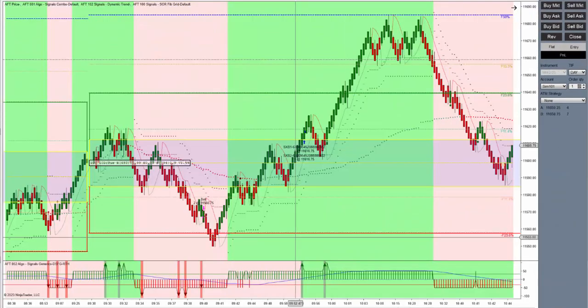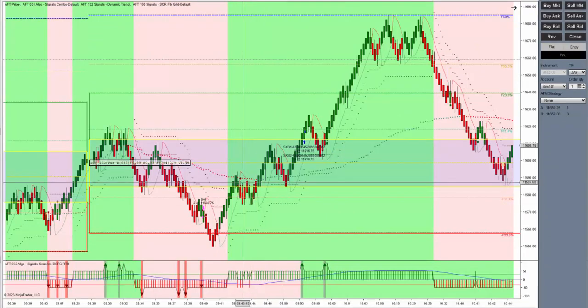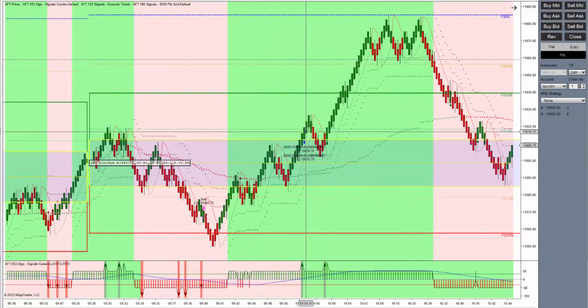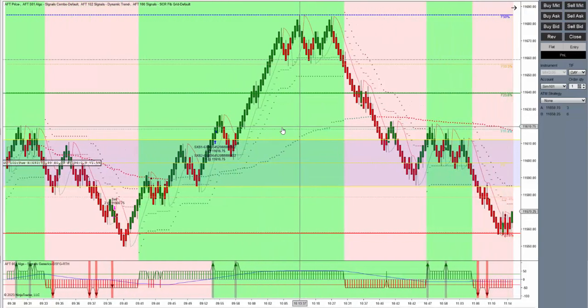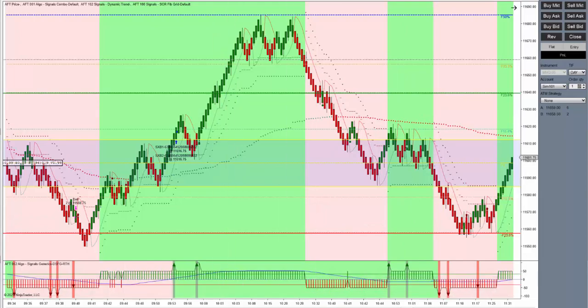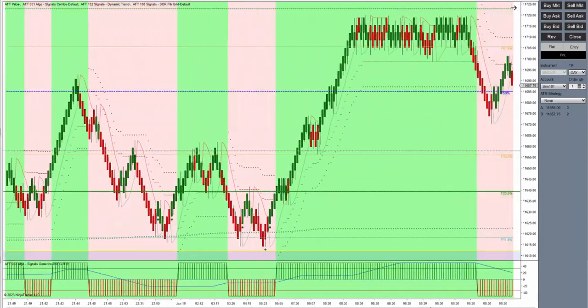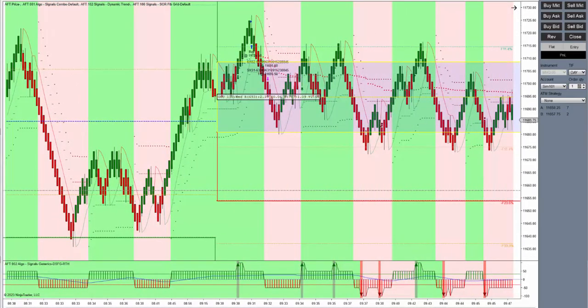Let's look at the MNQ, and this was Tuesday. This was a breakout to the upside here. Looks like I just got stopped on that one. That's what it looks like. And that was Tuesday. Let's see, I think there were some other trades here. Here was a buy on a breakout here that got stopped.